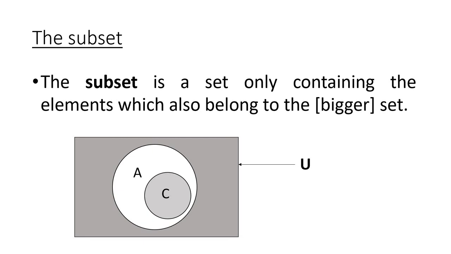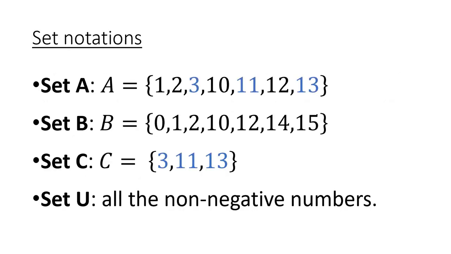Subset. A subset is a set only containing the elements which also belong to the other bigger set. Again, if we go back to our sets, you could notice that set C contains only the elements which also belong to set A. So those are 3, 11, and 13.